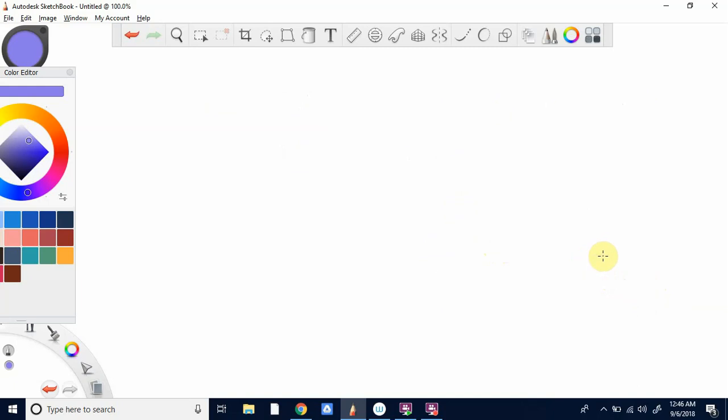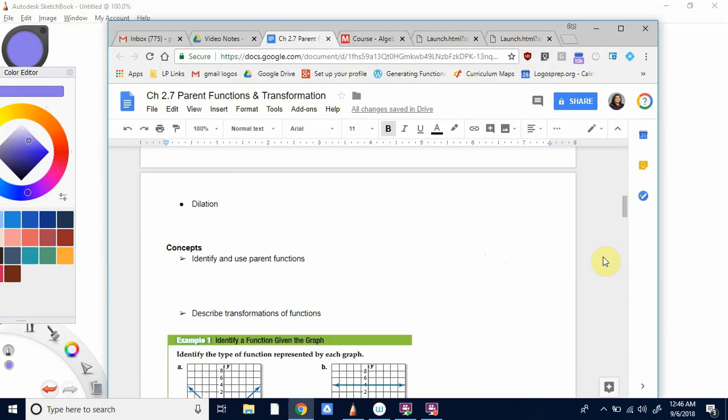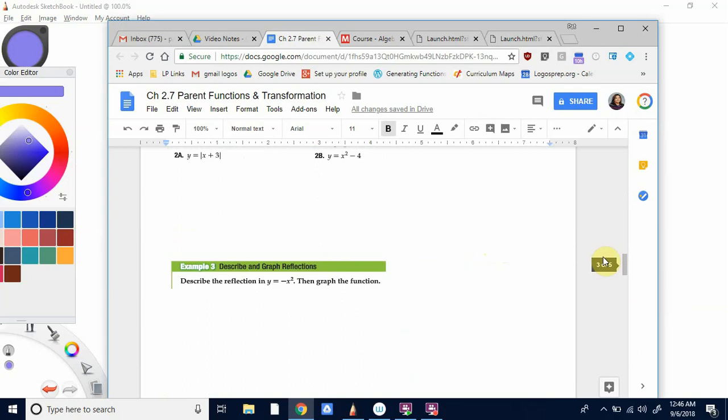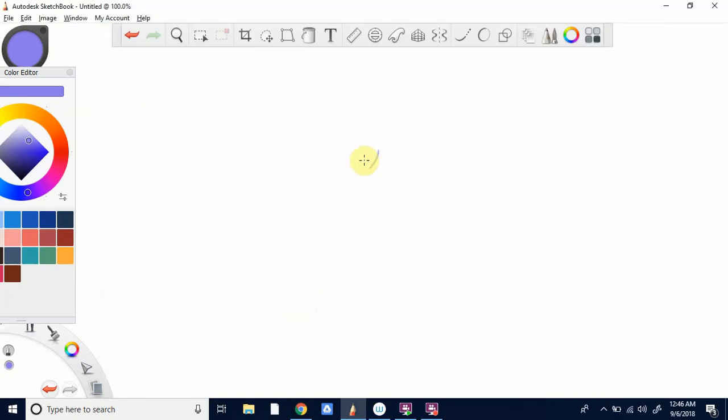All right, so let's look at example 3. Example 3 says, describe the reflection in y equals negative x squared. Well, this is negative, so our parent function is technically this. Remember, that says the same thing as this because there's nothing inside there. When it's just x by itself, we don't need to put the parentheses.